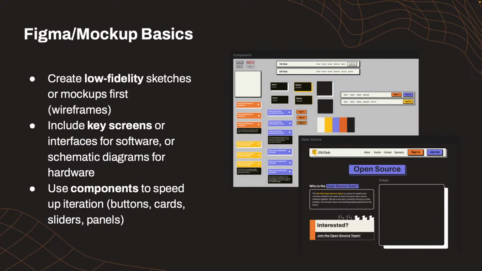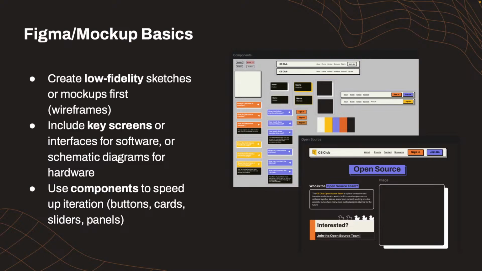Most people use Figma, which basically allows you to make these mock-ups here. Ideally, you can probably just start off by making some rough paper sketches or wireframes to have a rough idea of what your project would look like. You can also have key screens or interfaces for software, or if you're doing something hardware related, you can have schematic diagrams for that.